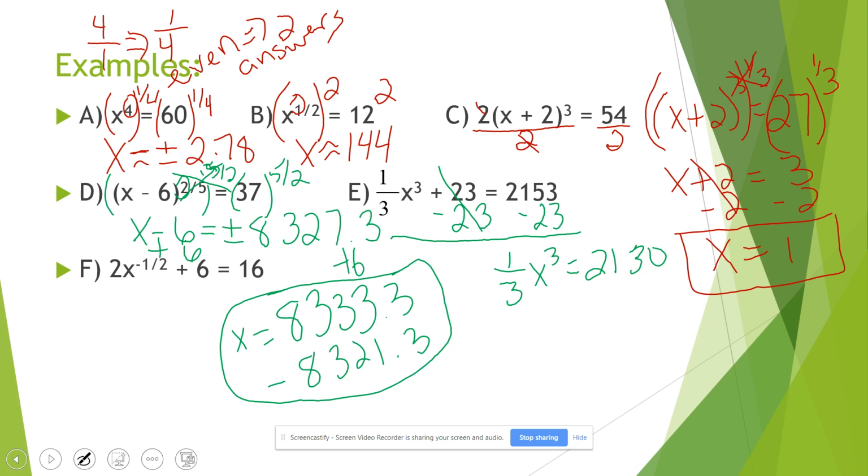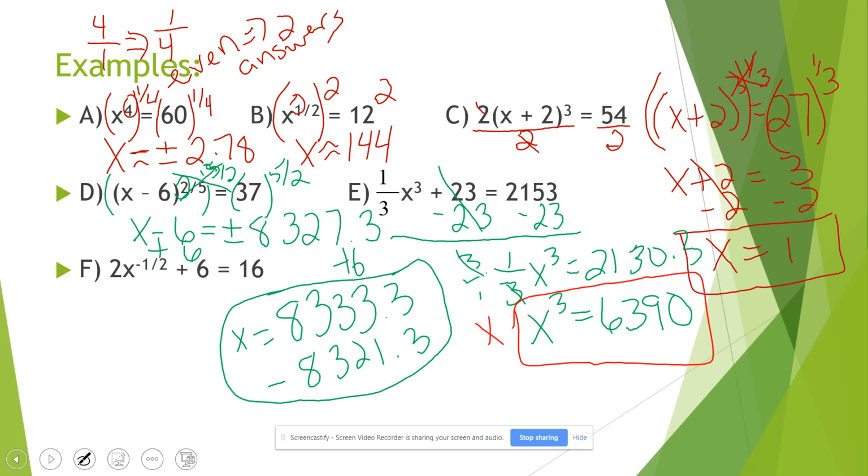The opposite of dividing by 3 is multiplying by 3 on both sides. So that leaves us with x cubed is equal to 6,390. Now, this problem, I want you to finish on your own. That answer is what I'll be checking for homework points tomorrow.